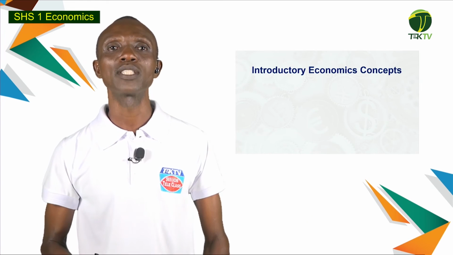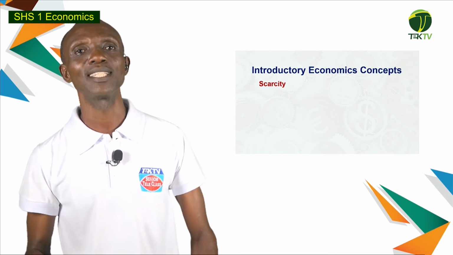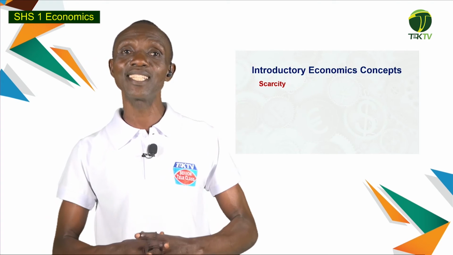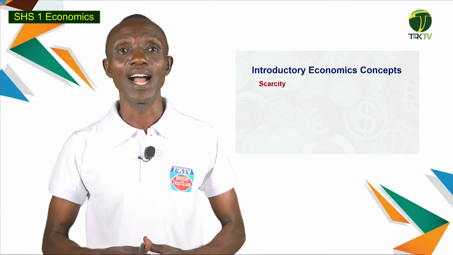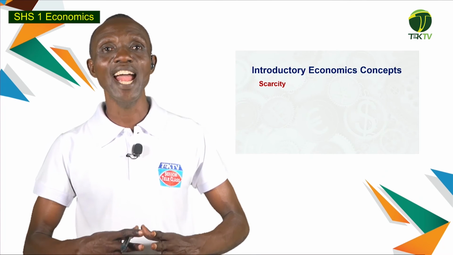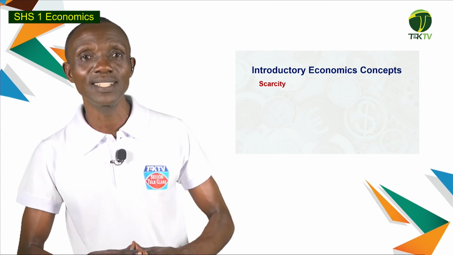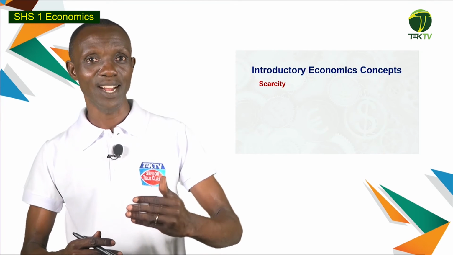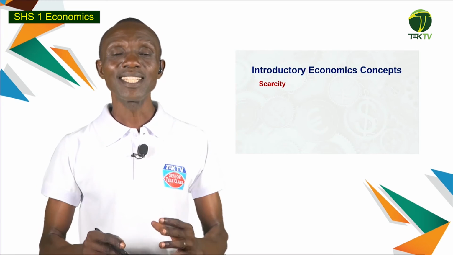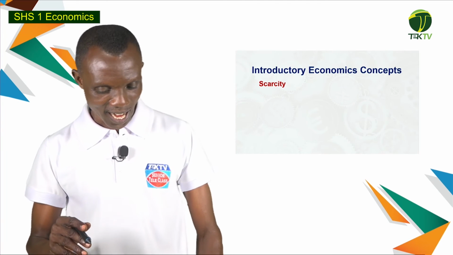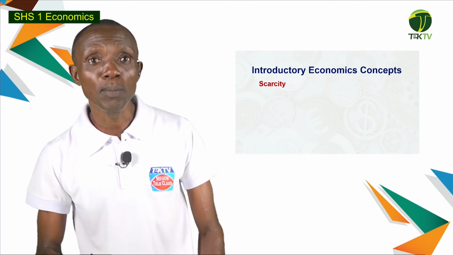Now among these concepts, we have scarcity. From Lionel Robbins' definition, he said economics is the science which studies human behavior as a relationship between ends and scarce means. We looked at that when we were looking at what Lionel Robbins pointed out. So scarcity is a fundamental problem of economics.